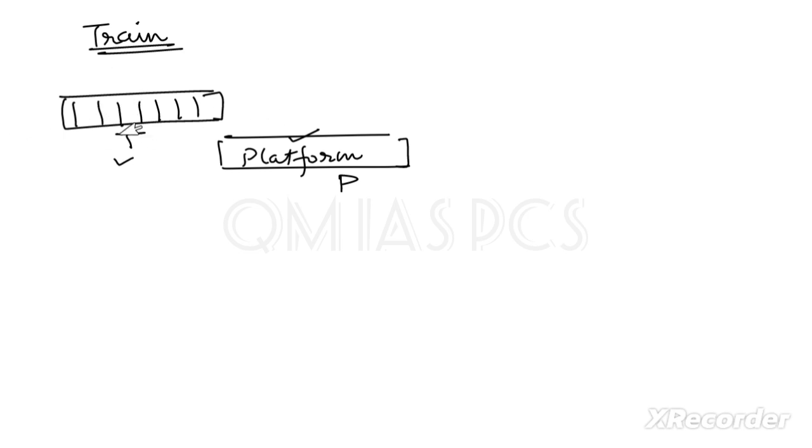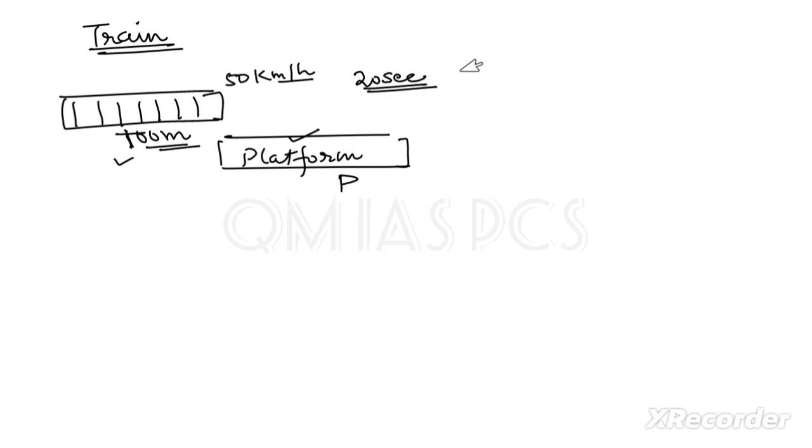Let me tell you this is 100 meters. I'm giving you the question here. This is 100 meters, this is a platform p, and it is traveling at 50 kilometers per hour, and the time is 20 seconds.